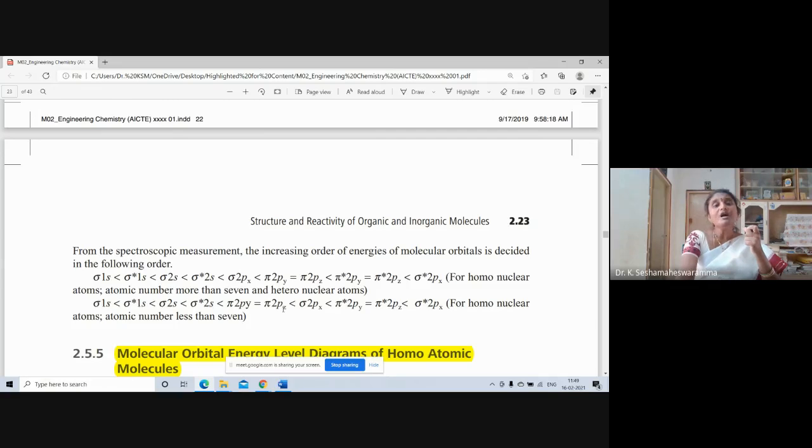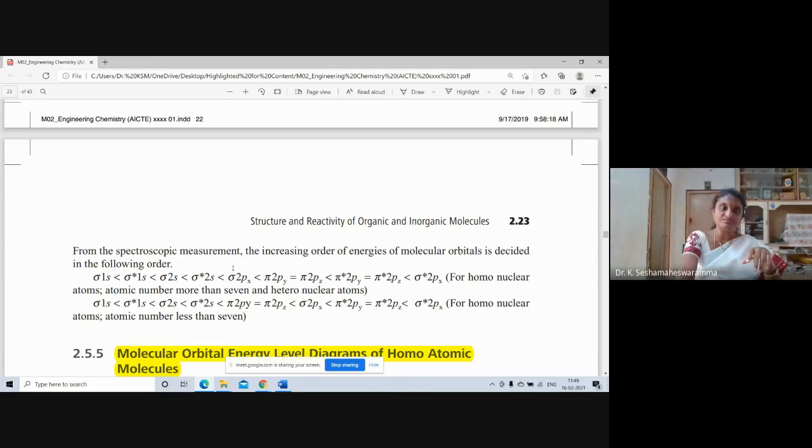After that, sigma 2px will come. Then pi star 2py equal to pi star 2pz, which is greater than sigma star 2px. You have to remember this order for filling up the molecular orbital diagrams.